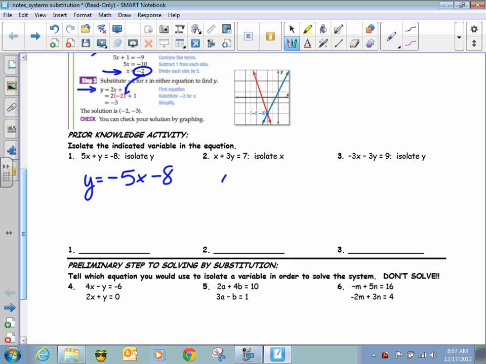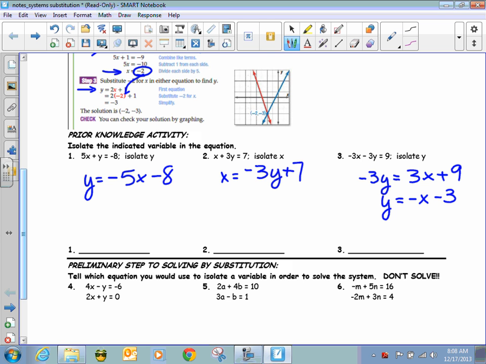So here we have x equals -3y plus 7. And then finally here, to isolate for y, we have -3y equals 3x plus 9. So it'd be y equals -x minus 3.